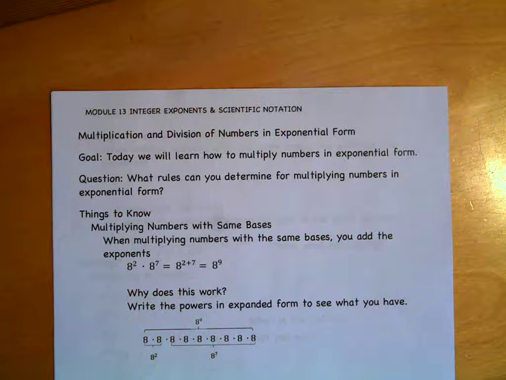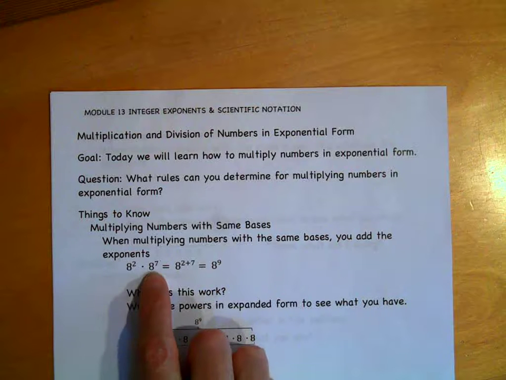Under the things to know section, we first start out with multiplying numbers with the same bases. When multiplying numbers with the same bases, you add the exponents. The only time that you can actually add exponents is if the base is the same.